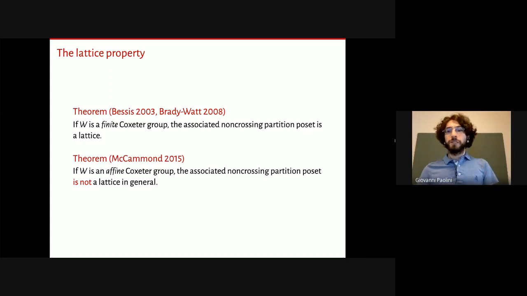So it is in this setting that we started our work with Mario. And what we did was to look at these non-crossing partition posets in the affine case, which in general fail to be lattices.